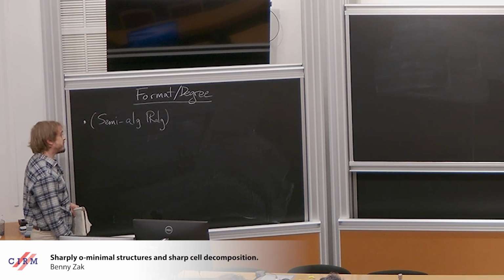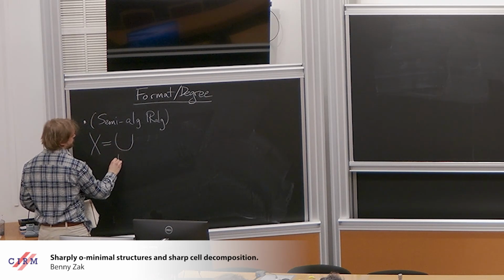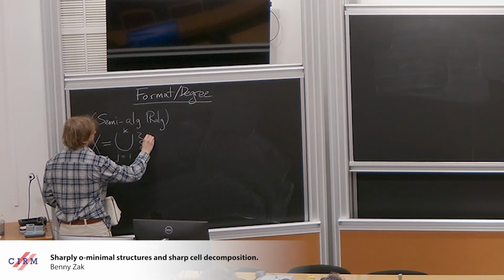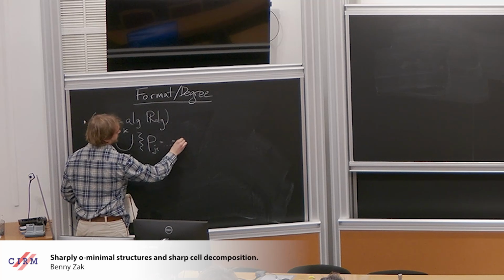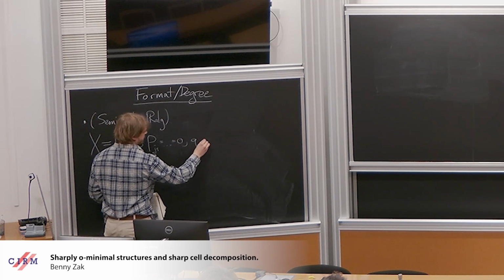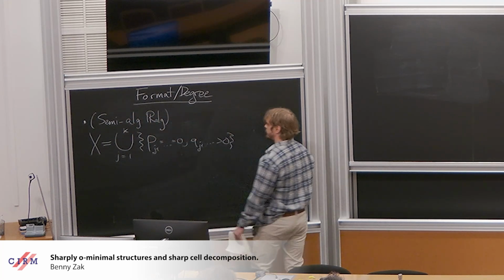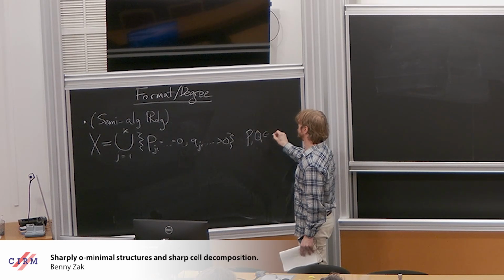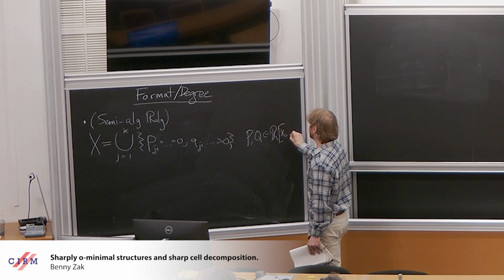A semi-algebraic set is going to be a finite union of systems of polynomial equations and also polynomial inequalities, however many. The P's and the Q's are going to be polynomials in, say, L variables, x1 up to xl.